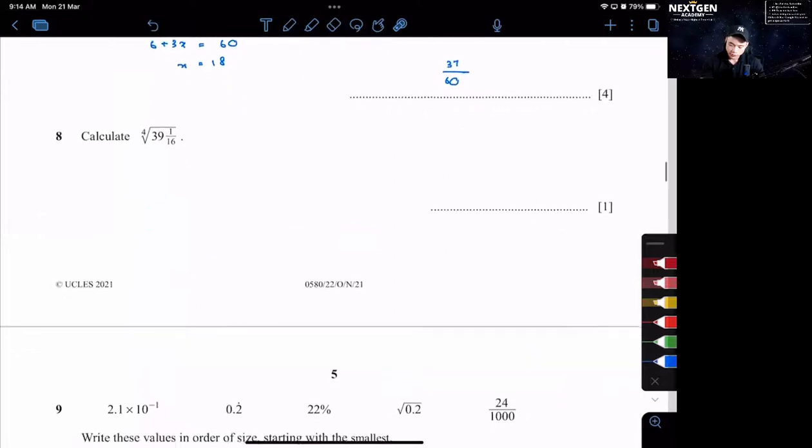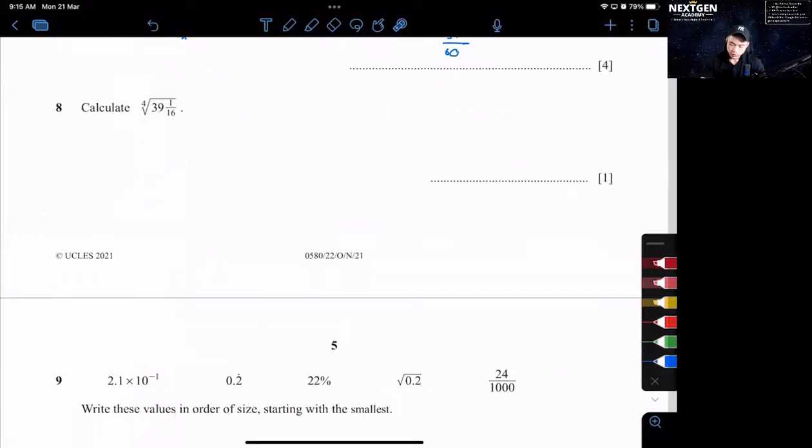Calculate the fourth root of 39 and 1 over 16. This is a 1-mark question. All you need to know is how to type it in the calculator.